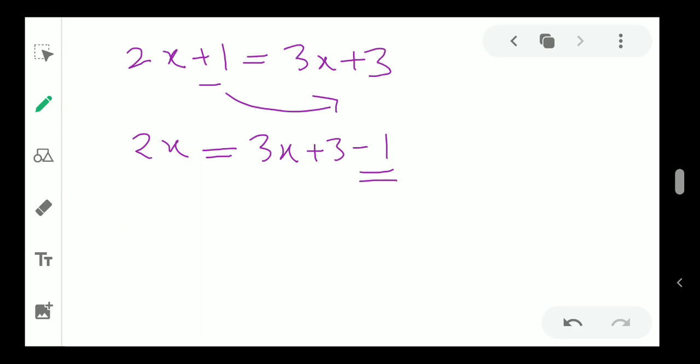So plus will become minus and minus will become plus. So again, if this minus 1 I want to drag to this side, that is my left hand side, it will become plus 1 again.